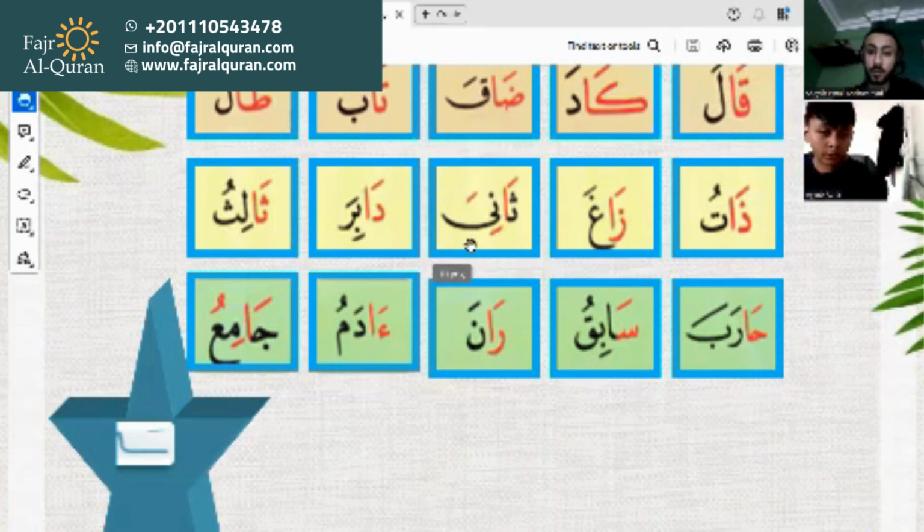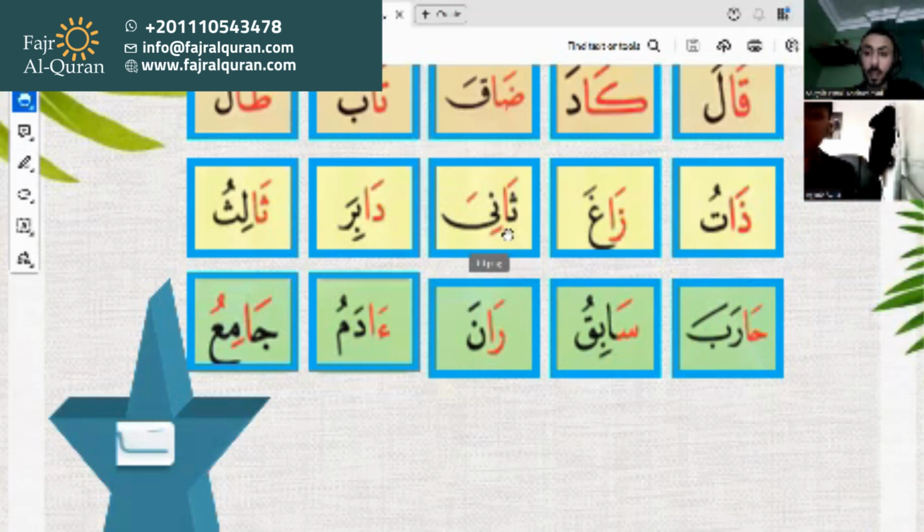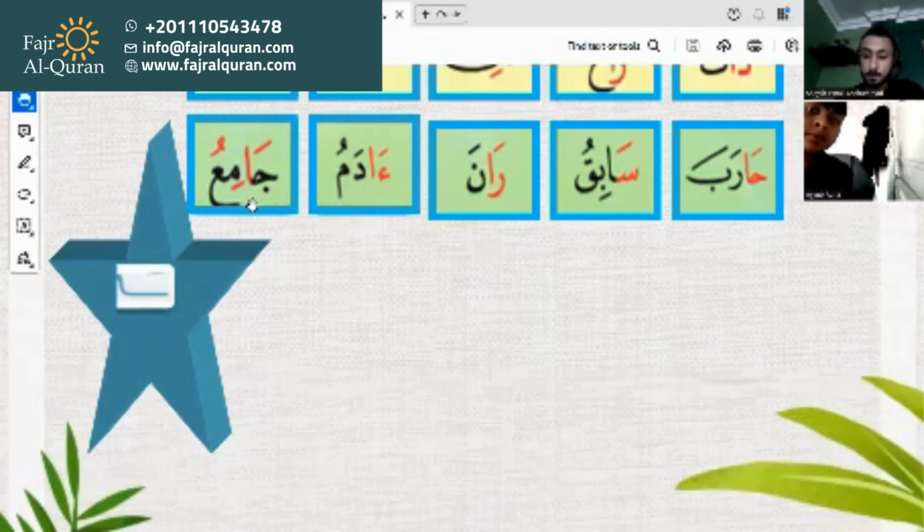Correct, that's right. Thaniya. So could you tell me the reason why you stretched this one for 2 counts? You stretch it because it's got an alif there. So when you see alif, you stretch it, and also because it's preceded by fatha on top. That's why you get a stretch to the sound.